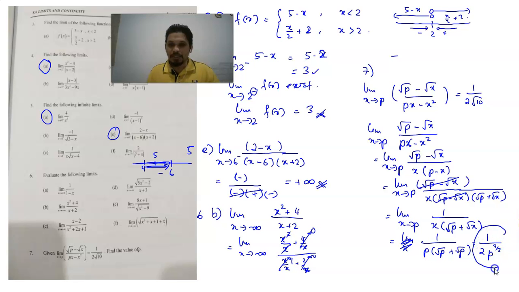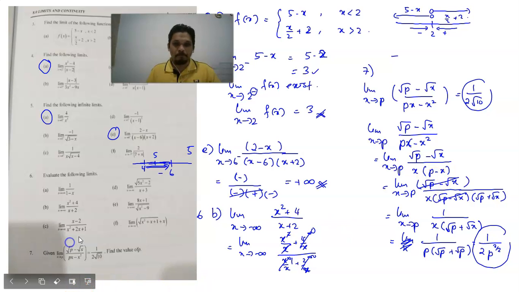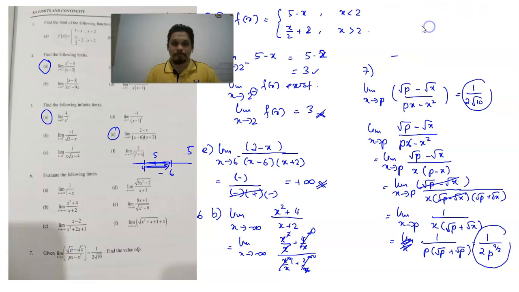Now let's compare this with this one here. Square root of P plus square root of P is 2 square root of P, and then P multiplied by this: P square root of P is P power of 1 over 2 times P with power of 1, then come up with 2P power of 3 over 2.